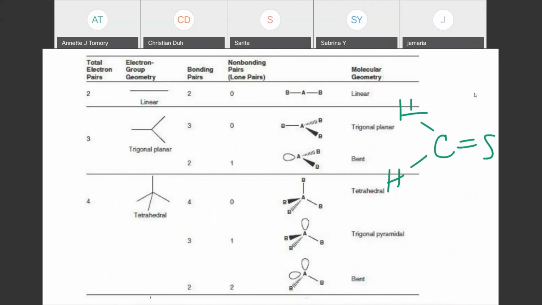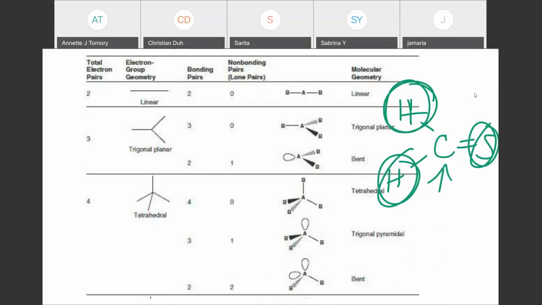You guys can still see my screen, right? Yeah. All right. So we have a hydrogen, and a sulfur. Both of these lines are going to the exact same thing. So do I have any lone pairs here at all? No. I don't have any lone pairs on the carbon.